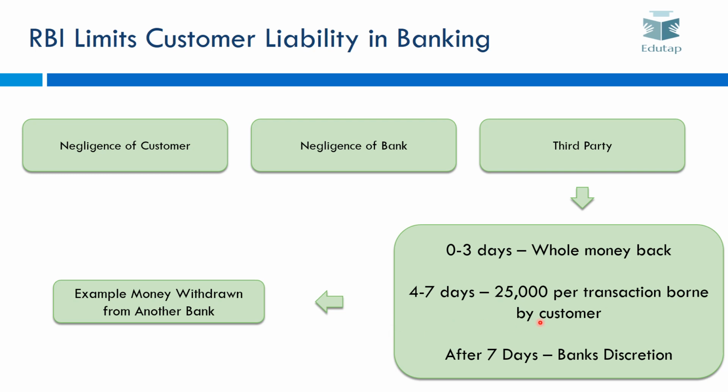The transaction in which the thief bought a TV was worth rupees 50,000, so the first 25,000 will be borne by the customer, that is, the customer would have to bear that loss. But the remaining 50,000 minus 25,000, that is 25,000, would be returned by the bank to the customer.